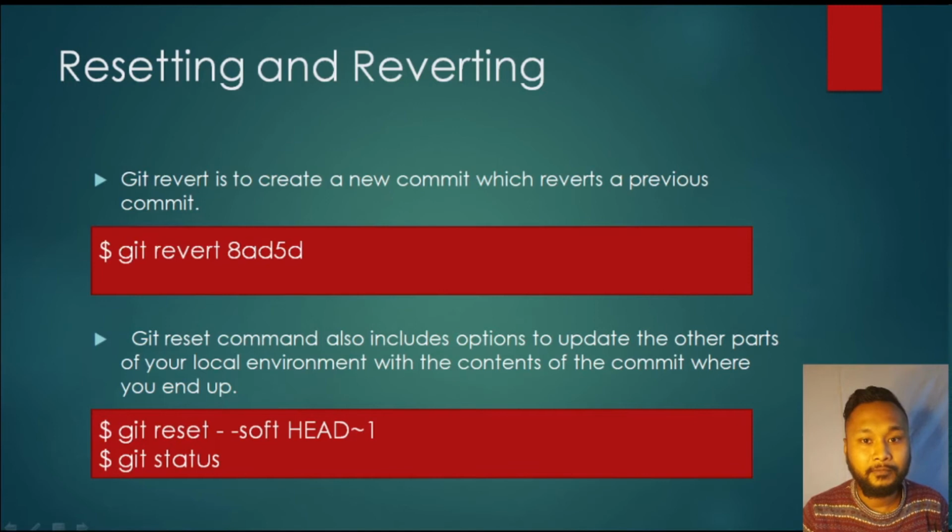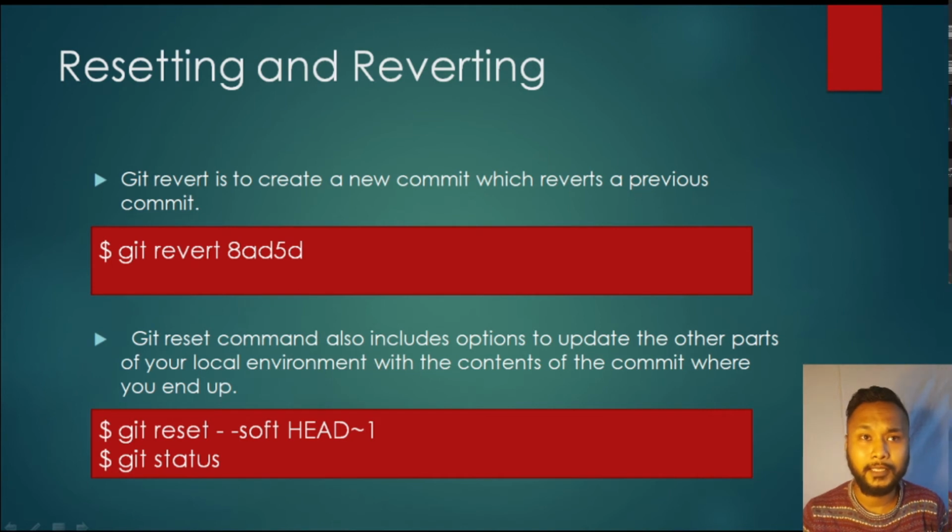So we now move on to resetting and reverting. If you ever encounter a problem like you did a wrong commit that made certain changes to your project and introduced multiple errors and bugs, you might want to go to the previous commits.